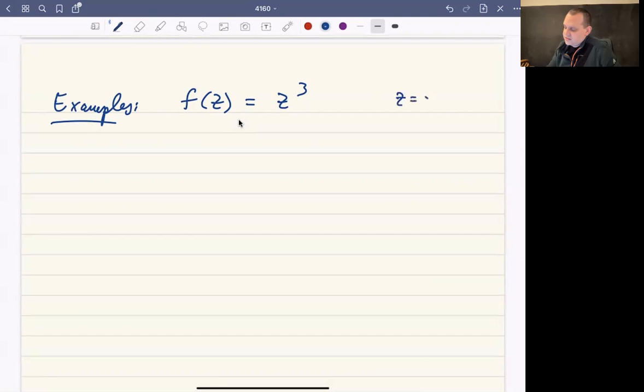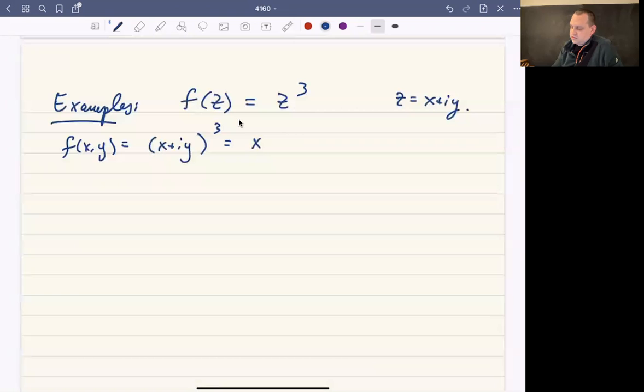We're going to think of z as x plus iy. Therefore f of x,y is going to be (x plus iy) cubed. That's going to turn out to be x cubed plus 3x squared times iy plus 3x (iy) squared plus (iy) cubed.